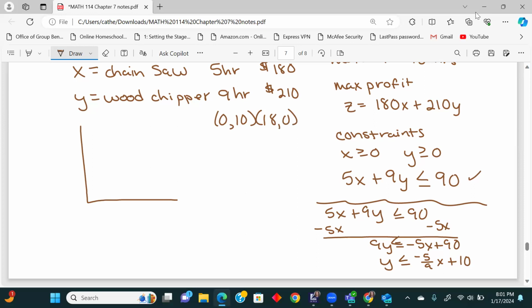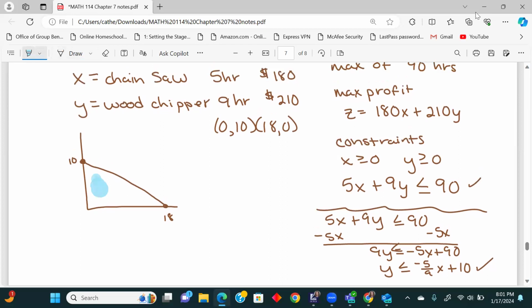So 0, 10, and over 18, up 0. And that is Y is less than, so that's going to be below it, to the left of it. And that's also where X greater than 0 and Y greater than 0 overlap.